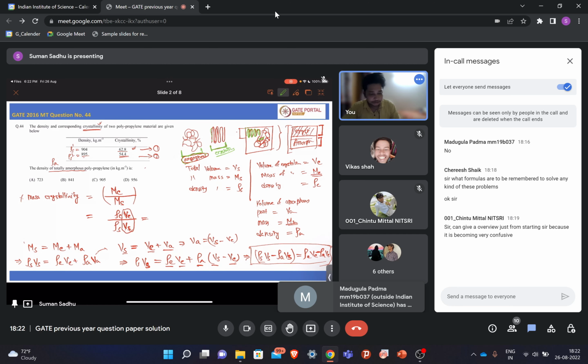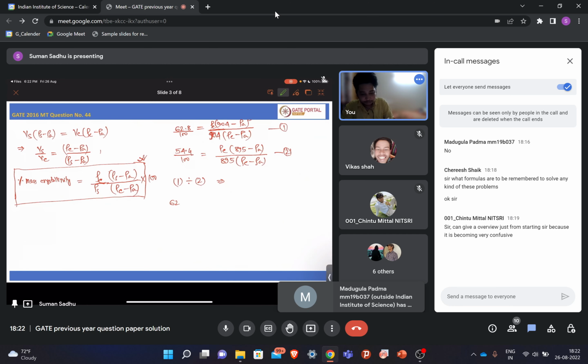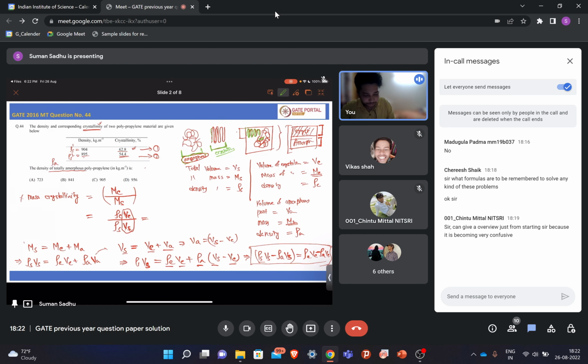As you can see, I'm drawing here. Let's say this is a crystalline polymer, arranged regularly like this, and this is the amorphous polymer, arranged randomly.